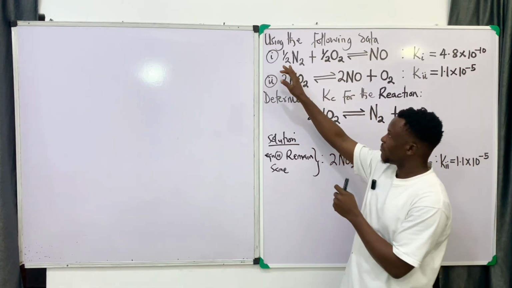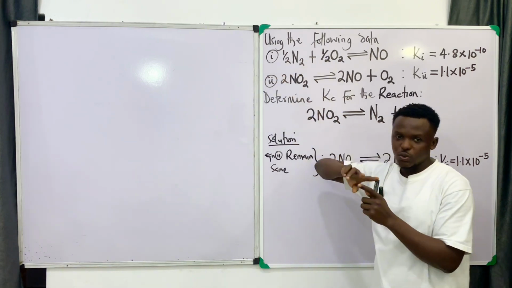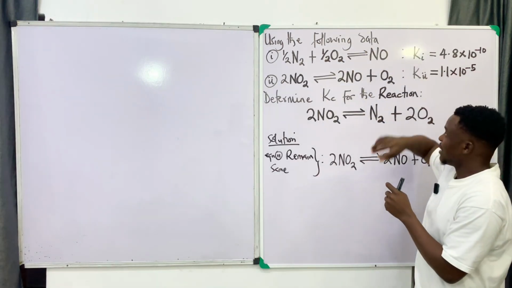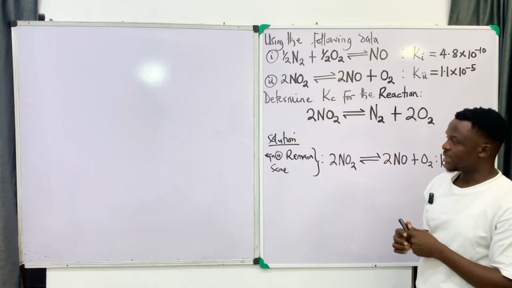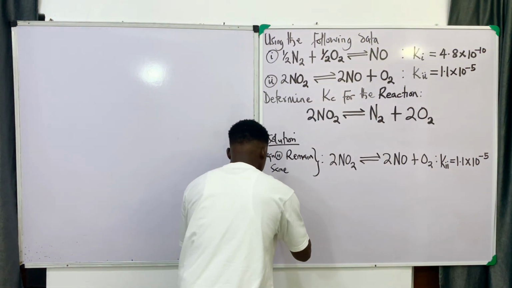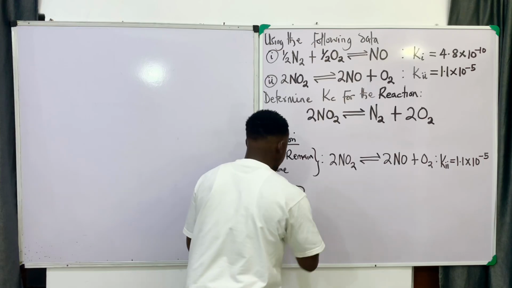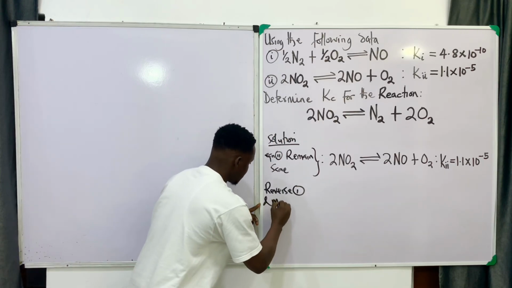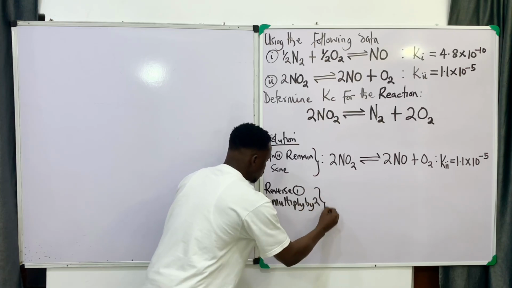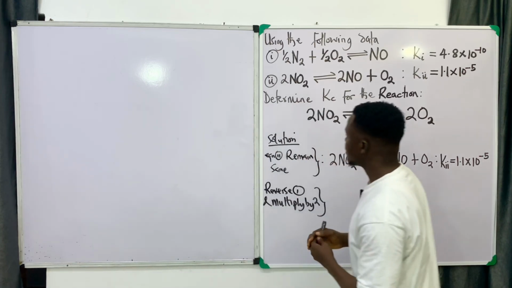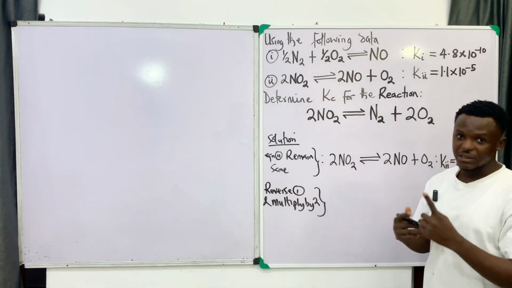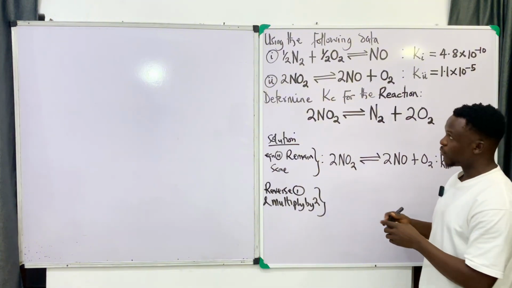But you're not just going to multiply the coefficient of this N2 by 2. Instead, you're going to multiply the entire equation. So like I said, two things will be done to this. This becomes reverse equation 1 and multiply by 2. Since I'm writing with a board marker where I can clean it off and rewrite new stuff, I'm going to take it step by step.